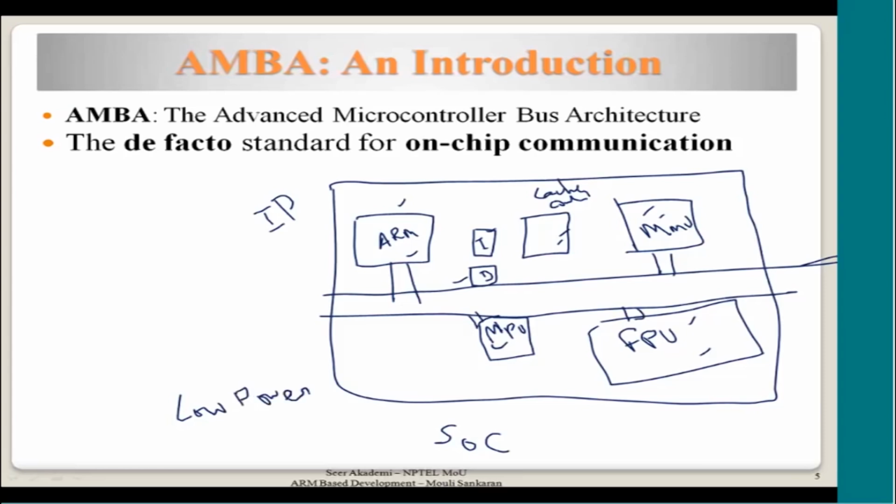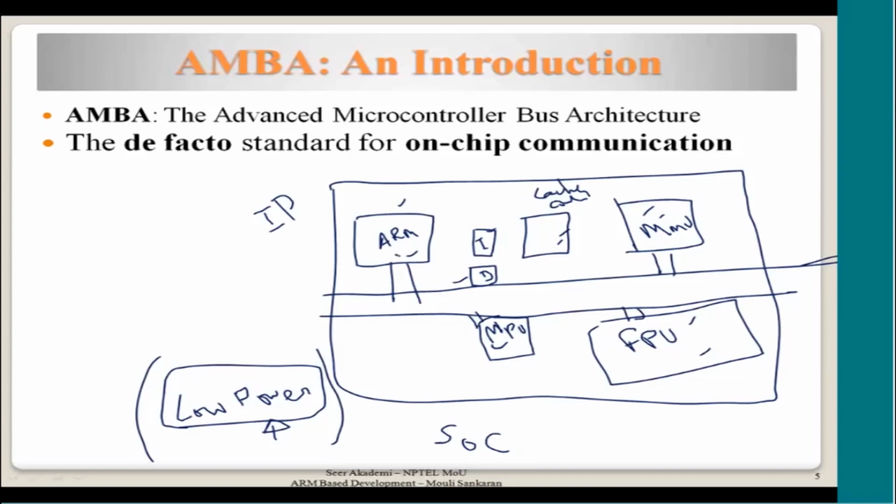This is for low power chips, and for low power applications, the mobile applications or tablet and any other embedded low power devices. So the target market is this kind of an environment, this kind of a product.